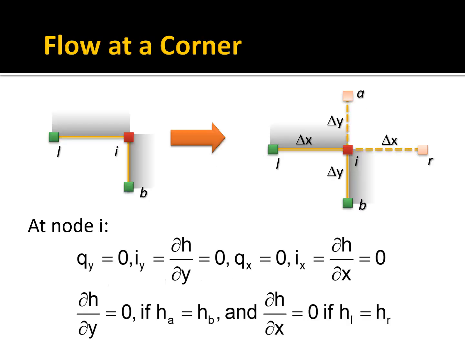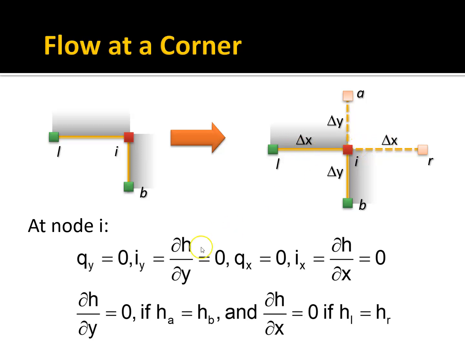What if we have flow on an inside corner? So we have an impermeable material all the way around here. This is shown as white, but just consider that to be impermeable all the way around. In this case, we do the same kind of thing, but instead of creating one imaginary node, we do 2 imaginary nodes, one at A and one at R. And we assume that the flow in the y direction is 0.